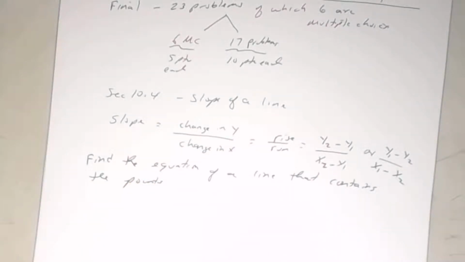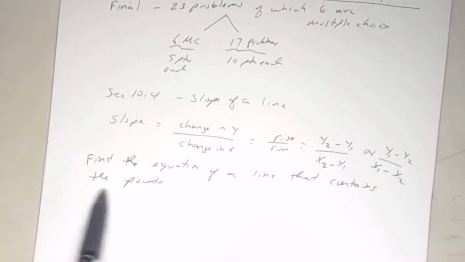And on the final, the slope is going to be an integer. It's not going to be a fraction for this one. I'm going to choose points in which the slope is going to be an integer, so that you'll have some idea of what to expect on the final.